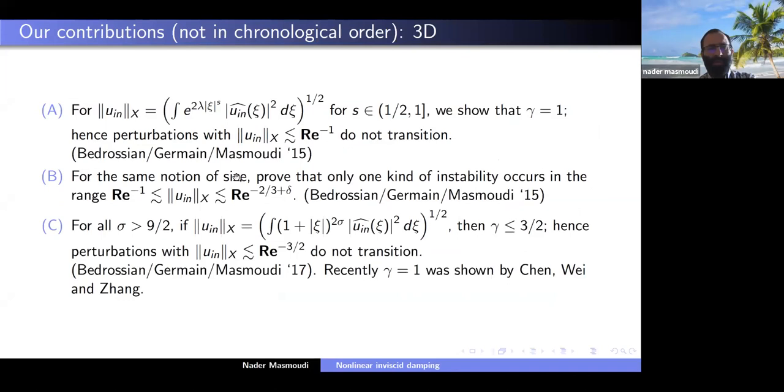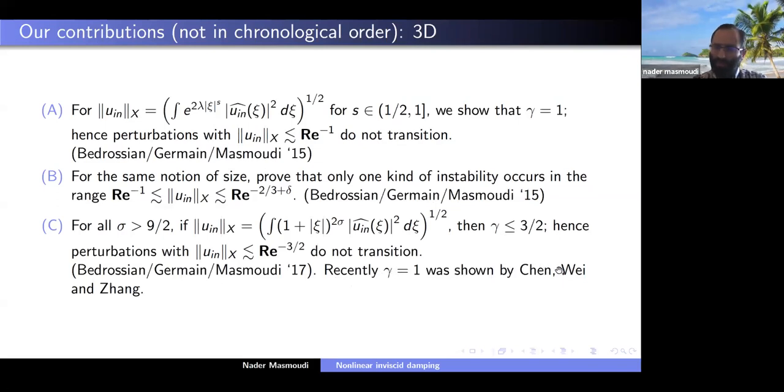Okay, now let me mention some of the contributions we had recently. First, I'm mentioning the 3D result, even though I'm not going to talk about 3D. So this will be almost the only slide you'll see about 3D. More or less, the outcome of all this is to say that gamma is 1 for 3D.